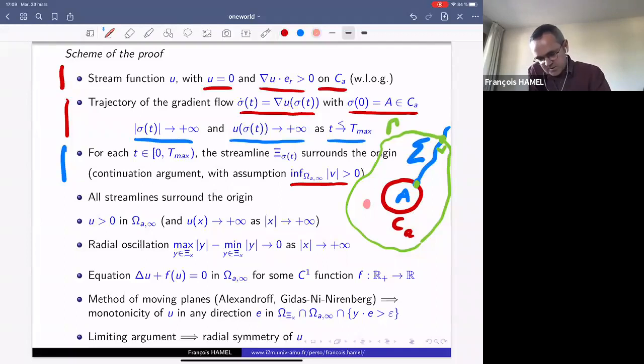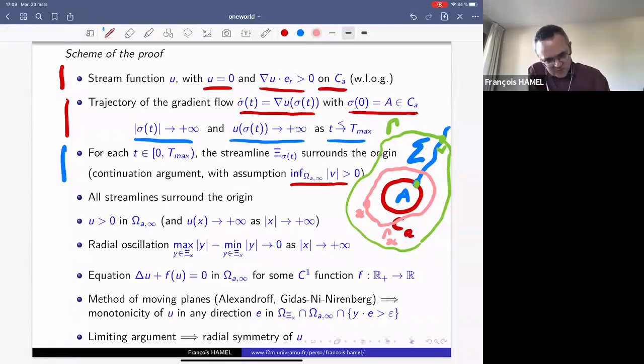And therefore any far streamline has to surround this other streamline gamma x here. If you consider any point x fixed, then the green streamlines surround the streamline gamma x, and therefore gamma x also has to surround the origin.